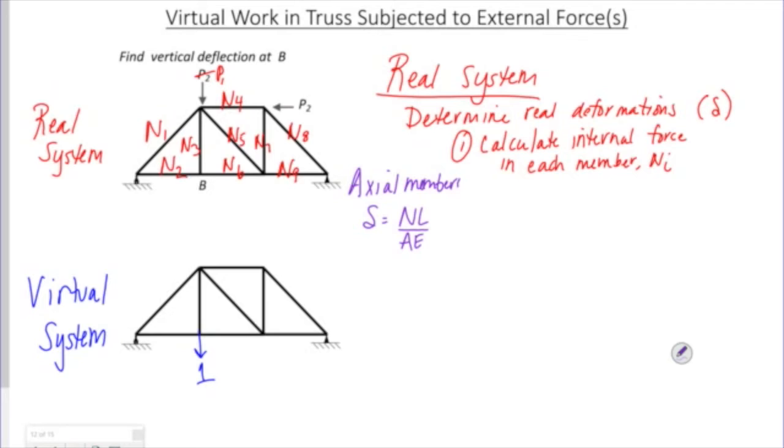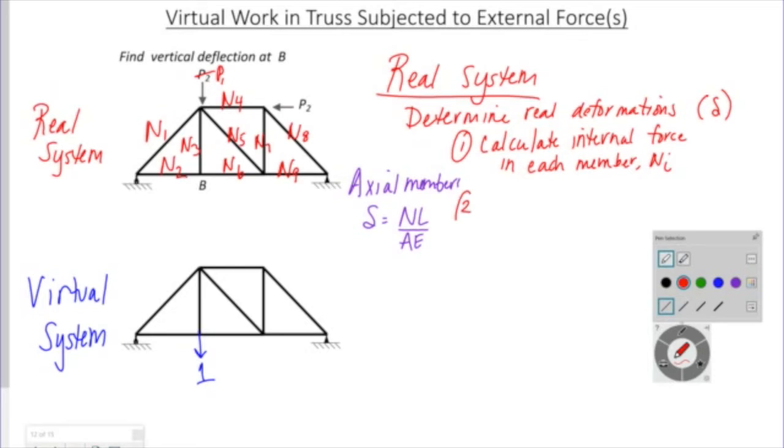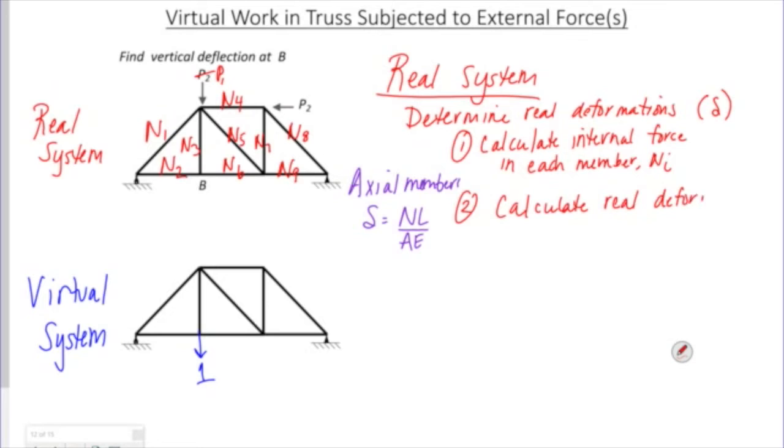I can calculate the deflection in each member, or the real deformation in each member.